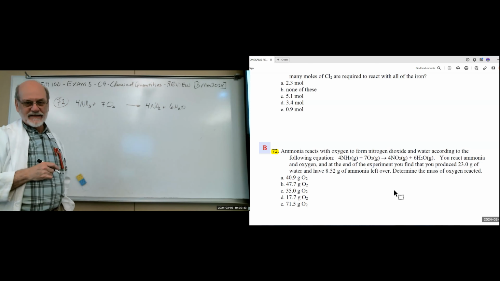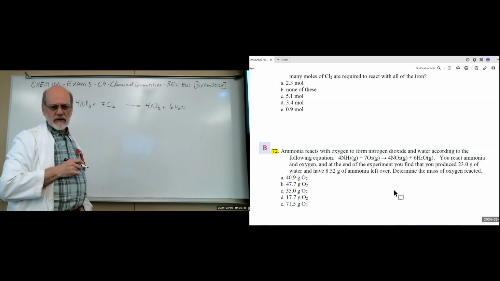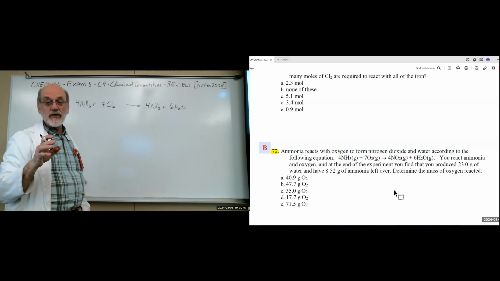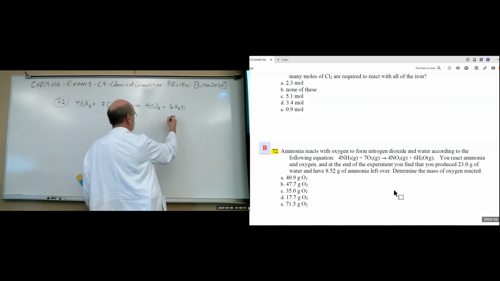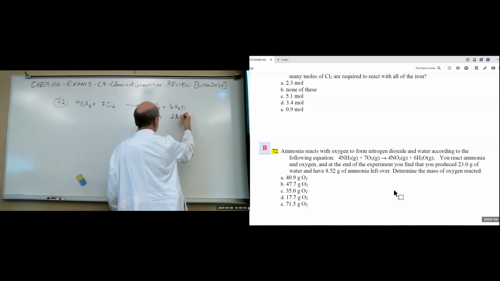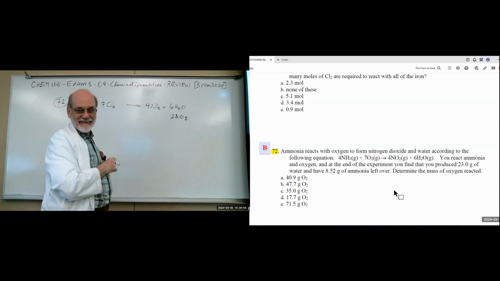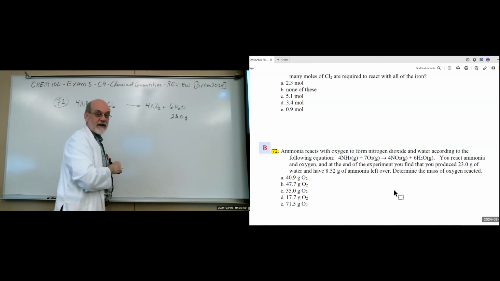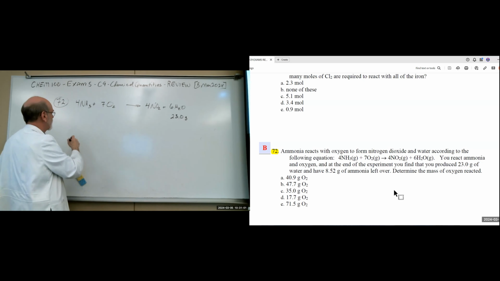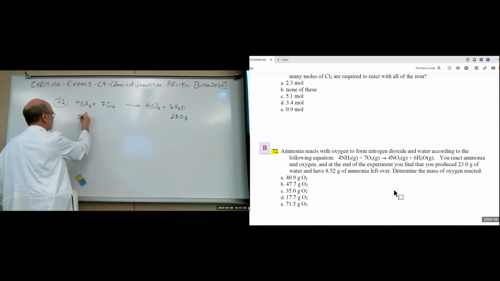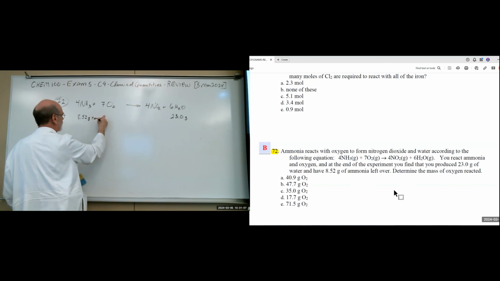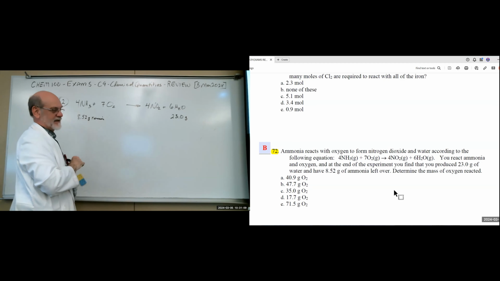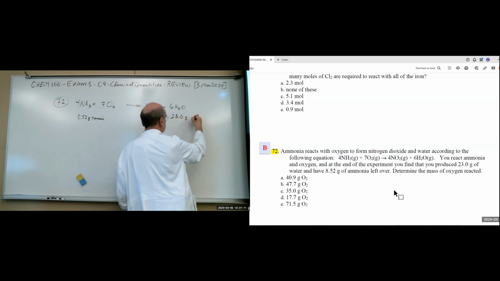Okay. It's a balanced equation. You react ammonia with oxygen and find that you produced 23 grams of water. Okay. And 8.52 grams of ammonia were left over. 8.52 grams remain. But this is produced.